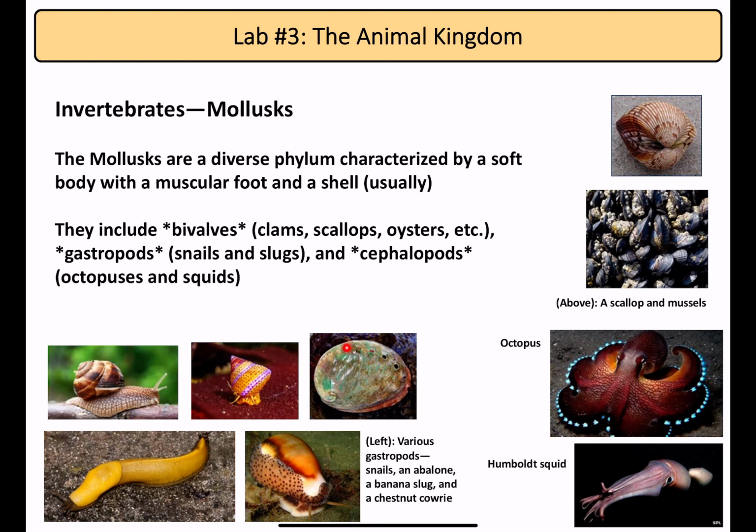Abalone as well. And then third, we have the cephalopods, which includes a group that has lost their shells. Very smart group as well. Great predators, the octopuses and squids. So these are all mollusks.